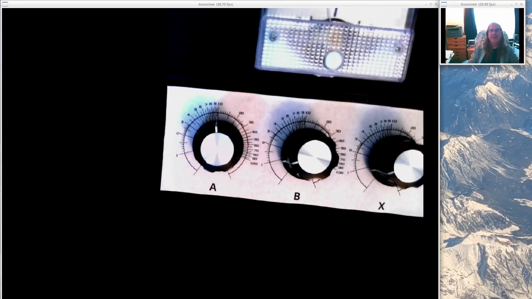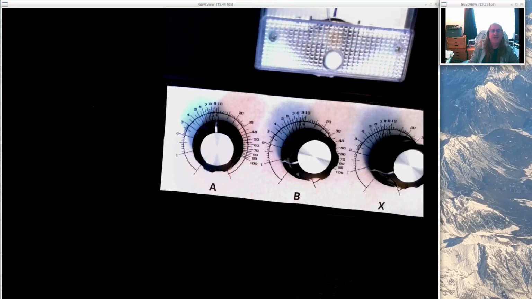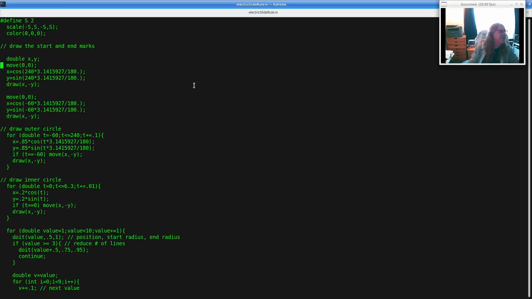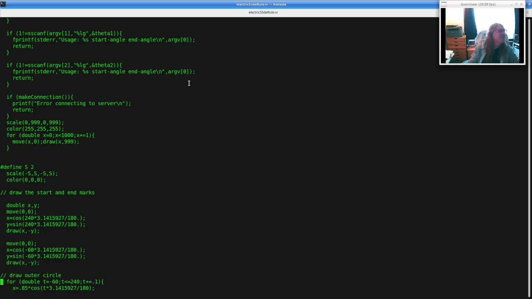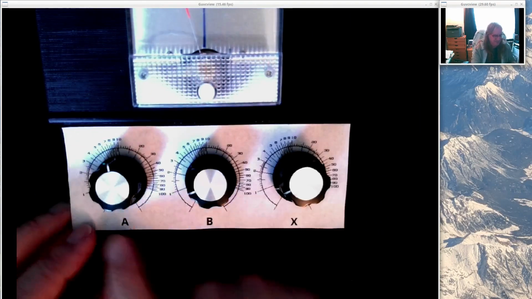And so I made measurements of 3 potentiometers and recorded at each angle what the percentage of the full resistance was, percentage divided by 10, just an arbitrary scale. So I came up with those, and then used that along with some code for drawing some lines in circles based on starting and ending angle, to come up with these dial markings.